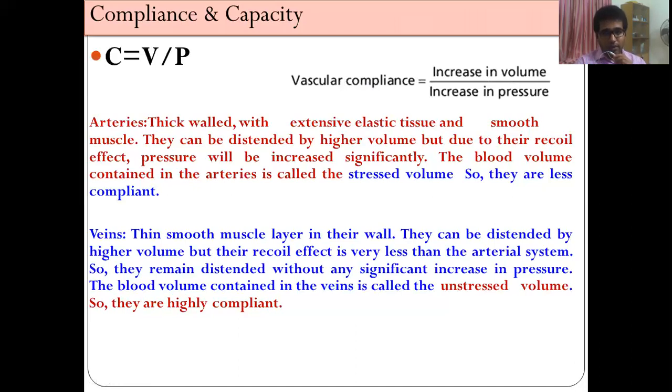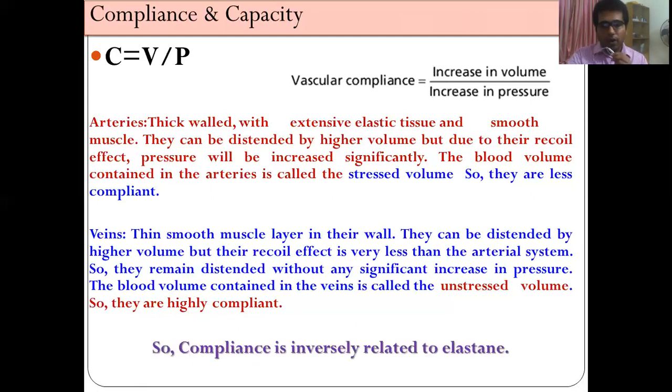Is it clear? So compliance is equal to volume change divided by pressure change. If the volume changes without any significant pressure change, that indicates more compliance. But if the volume increases with a significant increase of blood pressure, that means the compliance is less.